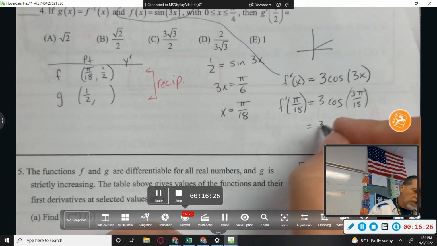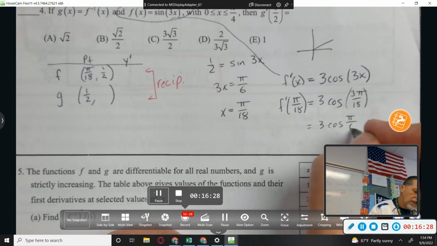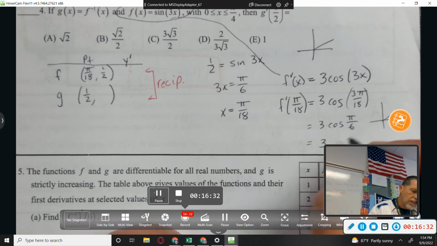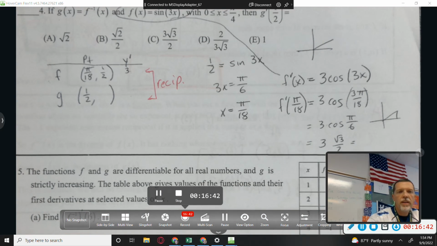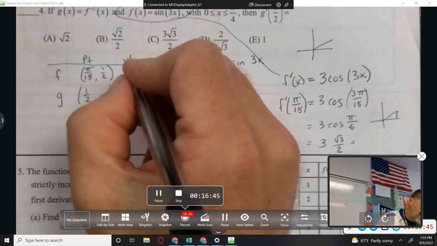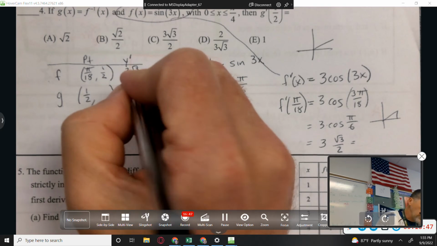So 3 cosine pi over 6. Cosine pi over 6 is root 3 over 2. So the slope of f at pi over 18 is 3 root 3 over 2.